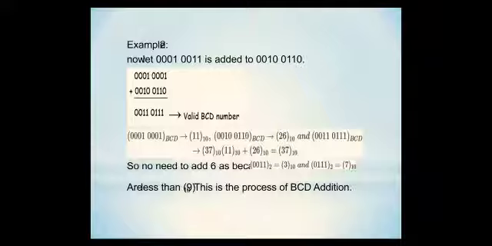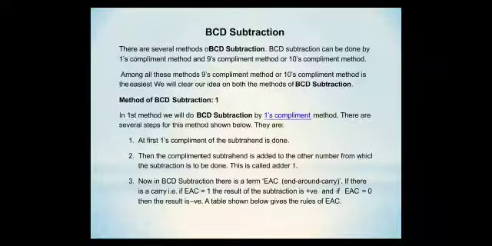After adding these numbers we get 7. Finally we get the answer 3 and 7, so no need to add 6 because it is less than 9. This is the process of BCD addition.